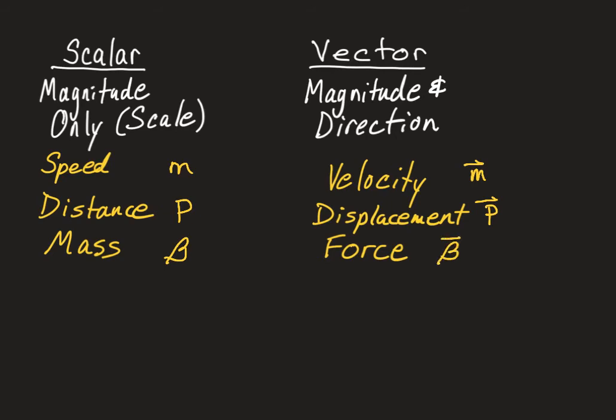The arrow does not need to indicate which direction necessarily, just that is the symbol that we use when we're talking about vectors. Most of the time, your units do not change between scalars and vectors. For instance, speed might be expressed in feet per second, and velocity would also be feet per second, only you would add a direction to it, such as northeast. Distance might be in centimeters, but displacement might be centimeters to the right.